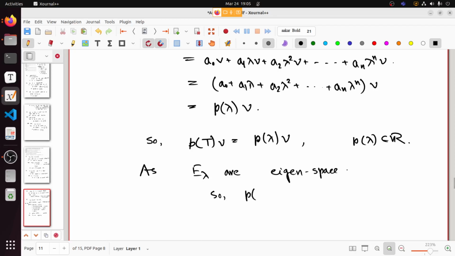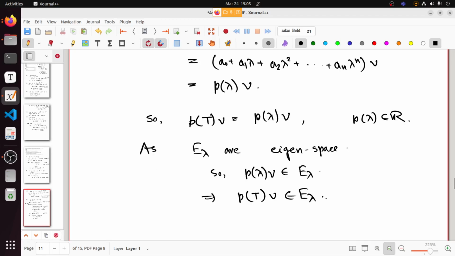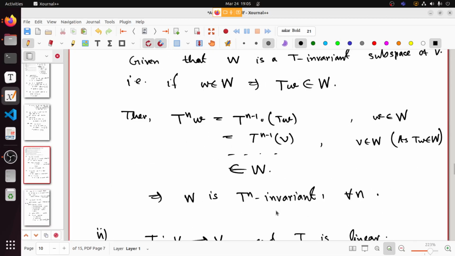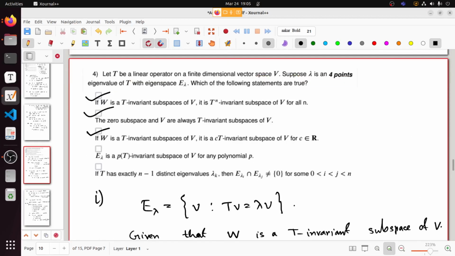So P lambda of v is also in E lambda, which implies P(T) of v is also in E lambda. Means E lambda is a P(T) invariant subspace. So option number 4 is correct: E lambda is a P(T) invariant subspace of V for any polynomial P.